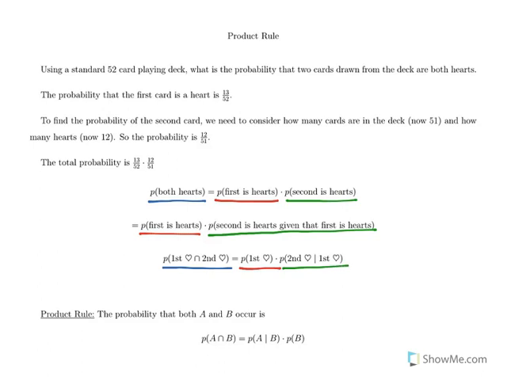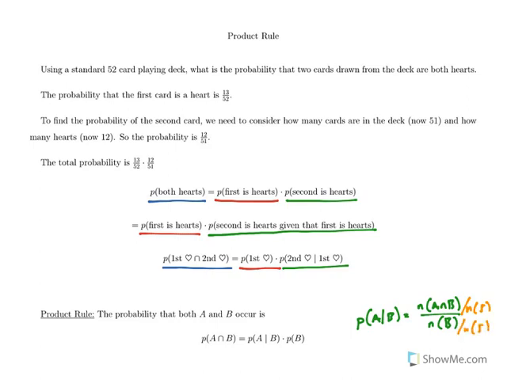And what we're really doing here is saying the probability that both A and B occur, the probability of A intersect B, is the probability of A given B times the probability of B. This is really a manipulation of the probability of A given B being the number of A intersect B over the number of B. We multiply by the number of B on both sides, and you think about this as over N over S total.